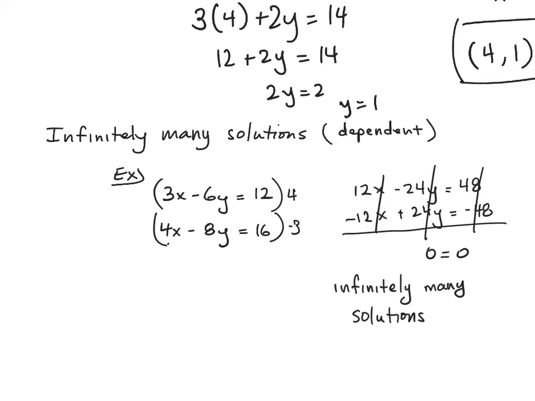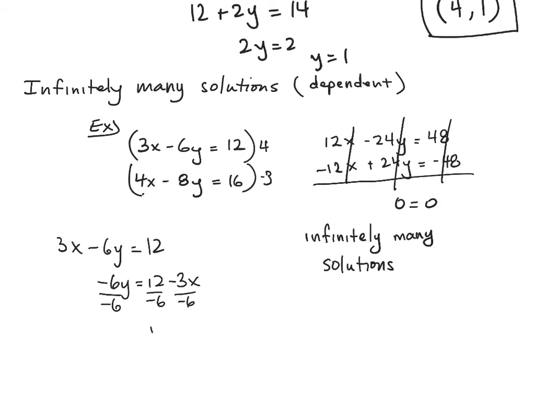Matter of fact, if we took, for example, this top equation right here, 3x minus 6y equals 12, and rearranged it from standard form into slope-intercept form, I subtract 3x and then divide by -6. What we would have is y equals 1/2 x minus 2. So this is the slope-intercept form of both of these equations.